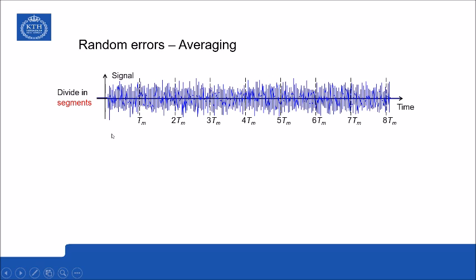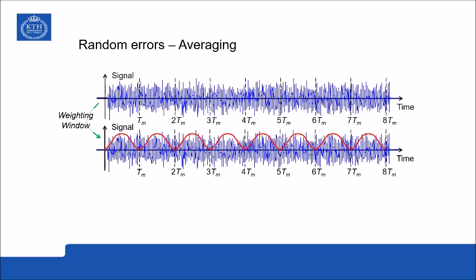So the next step, when we have divided into segments, is of course that we have to avoid leakage errors, so we have to apply some weighting window. And as you know, if the signal has a random character, it's a wideband signal with random character, then we apply a Hanning window.